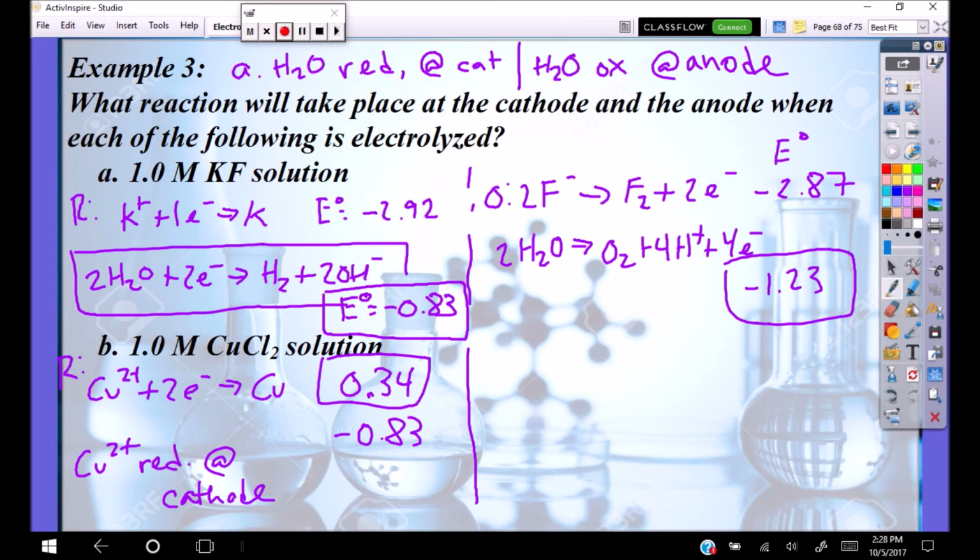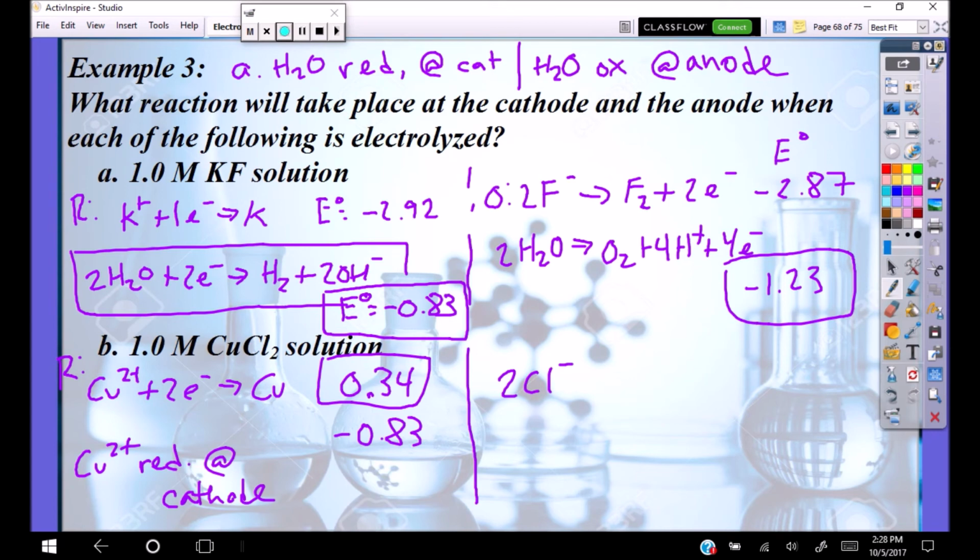So with our anode, now we've got Cl2. So remember, this is really two Cl- ions, and if we're oxidizing them, we're going to take electrons away, right?